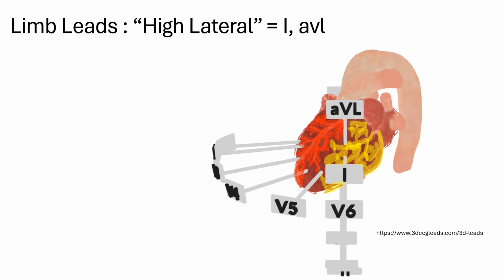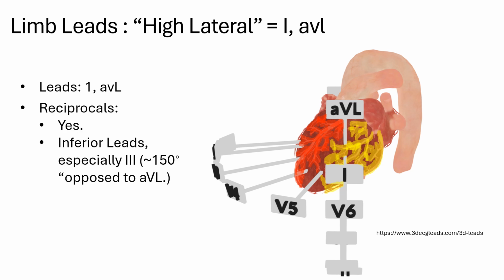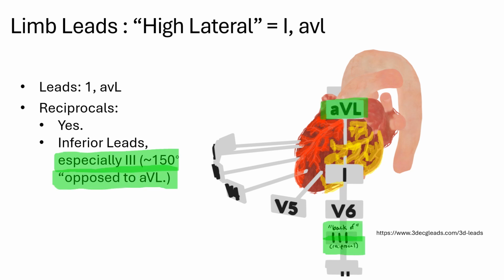Let's start with the high lateral leads, leads 1 and AVL. These are commonly associated with reciprocals in the inferior leads, especially lead 3, which is 150 degrees opposed to AVL. The supply is either the LAD or the left circumflex.